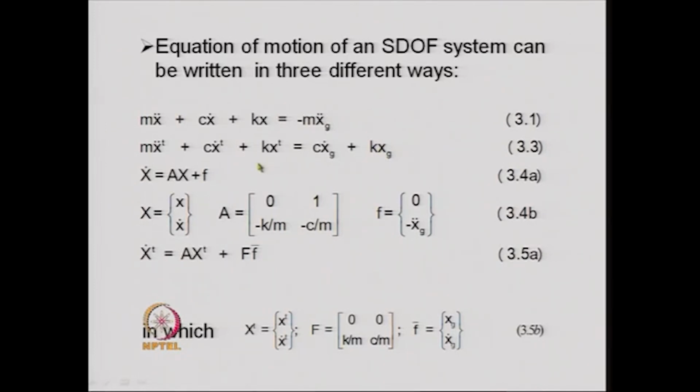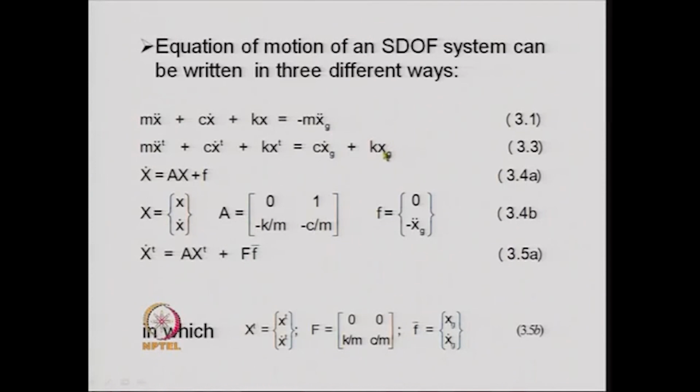Thus, the equation of motion now becomes in the form of total displacement. If we solve this equation, we will get the total displacement of the mass rather than the relative displacement. One can note that on the right hand side now, the requirement is the ground displacement and velocity, not the ground acceleration.